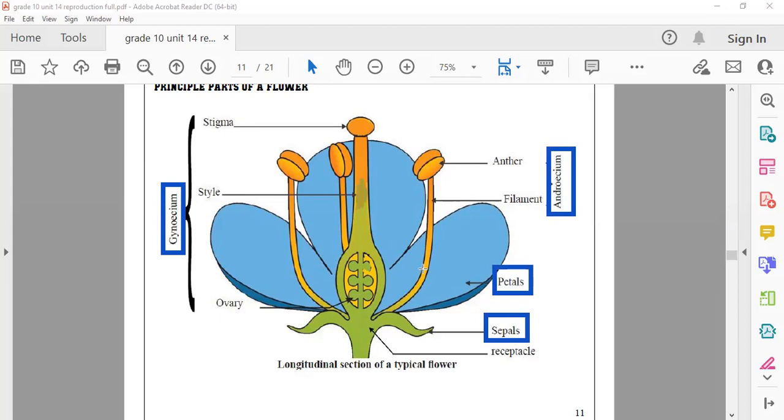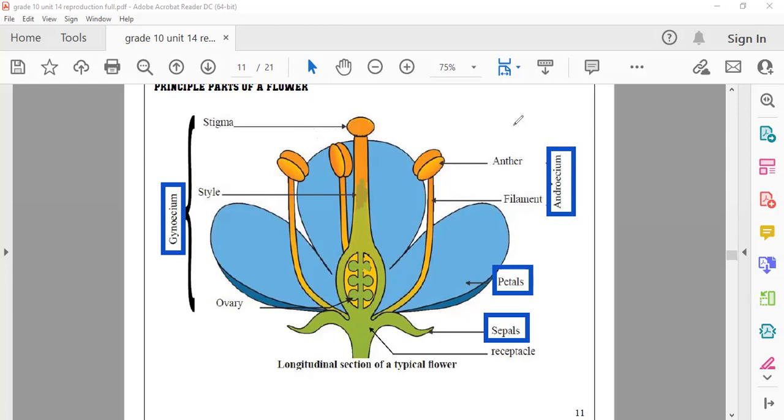In the androecium, the units are called stamens. This one unit is called a stamen. So this is a stamen, this is a stamen, this is a stamen. All the stamens together are called androecium. We will later discuss it.